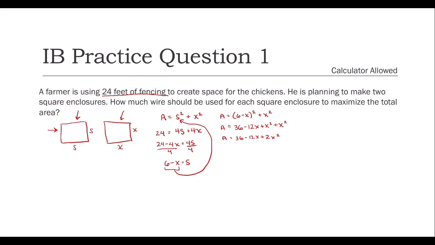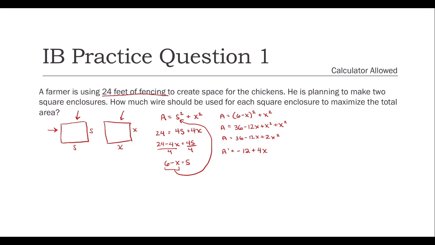So we're trying to maximize the area, so we'll take the derivative. So A prime equals the derivative of 36, which is 0, then the derivative of negative 12x is just negative 12, and the derivative of 2x squared is going to be a positive 4x.